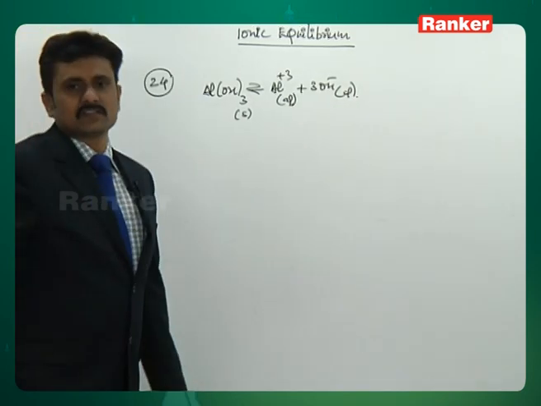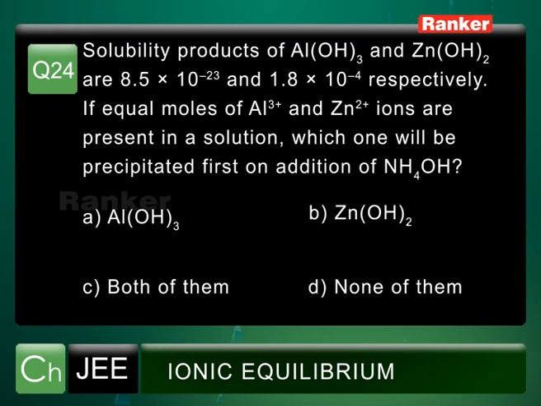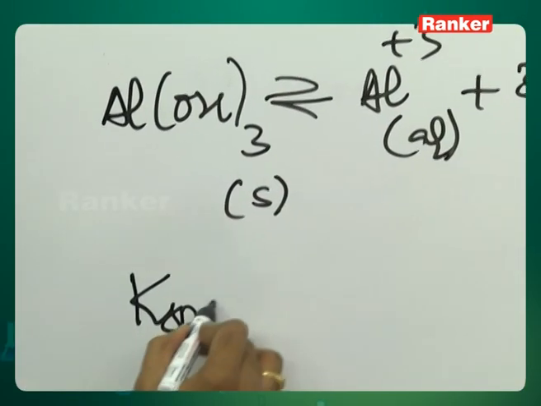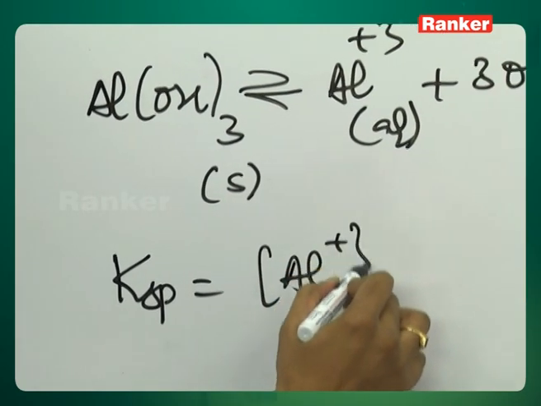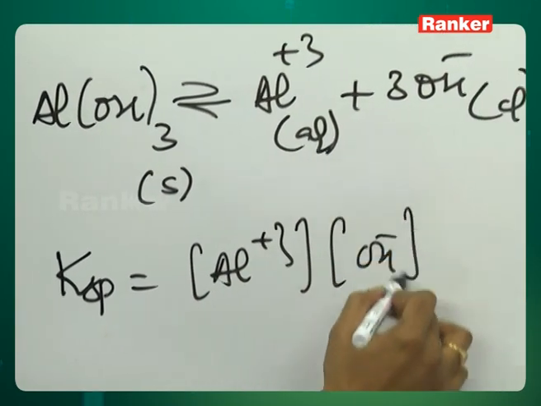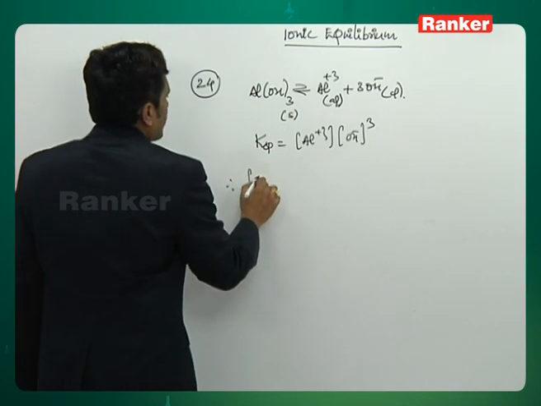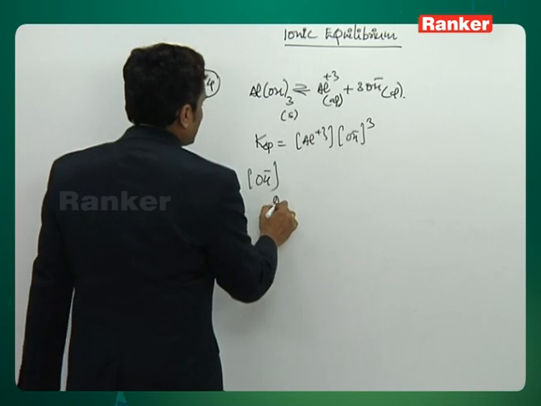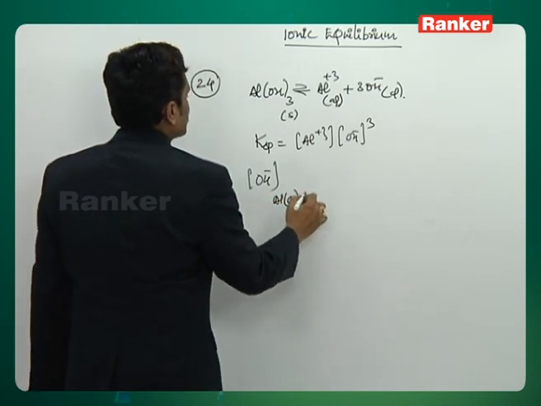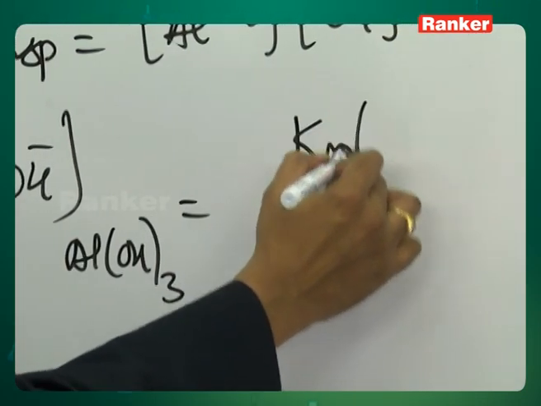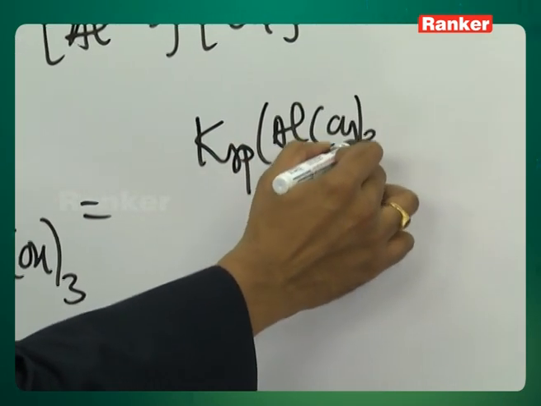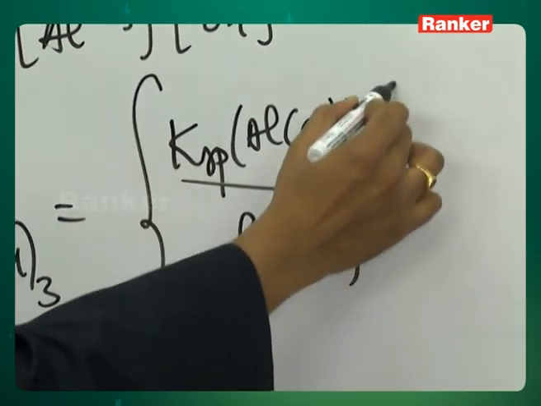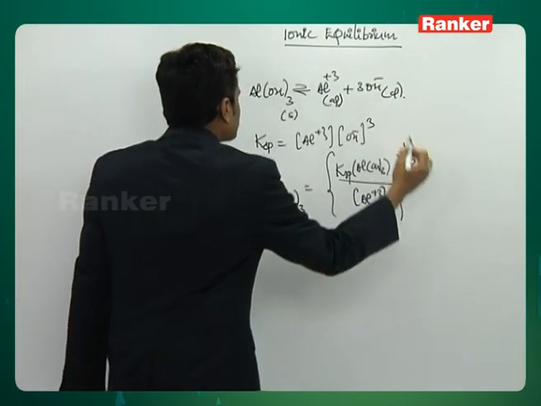Now the question is, which will be precipitated when you are adding ammonium hydroxide? Now let me find out the concentration of OH minus which is required for the precipitation of aluminum hydroxide. So the minimum amount of OH minus that needs to be added to carry out the precipitation of aluminum hydroxide is Ksp of aluminum hydroxide upon concentration of Al plus 3, whole to the power 1 by 3.